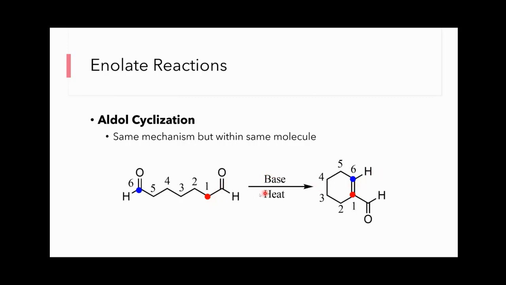Then it does the SN2 attack. Make sure you count your carbons between what's attacking and what's being attacked, so you can properly number your ring, and whatever's being attacked and the attacker will make a double bond like this.